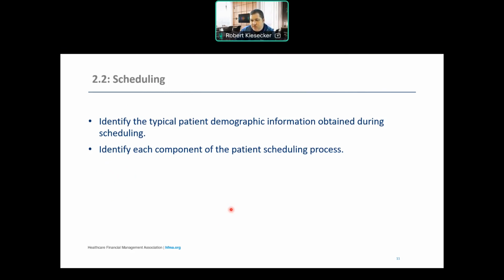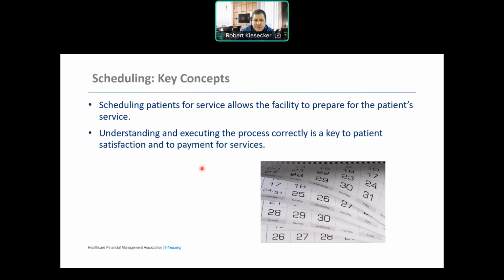This section will include and address patient information, patient identification, requests for services, medical necessity screening, and our Medicare Advance Beneficiary Notice. So key concepts. Scheduling patients for services allows the facility to prepare for the patient's service. Understanding and executing the process correctly is key to patient satisfaction and to payment for services.